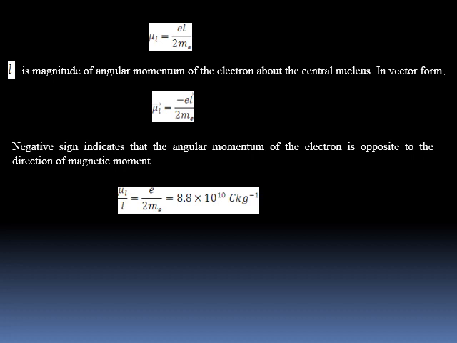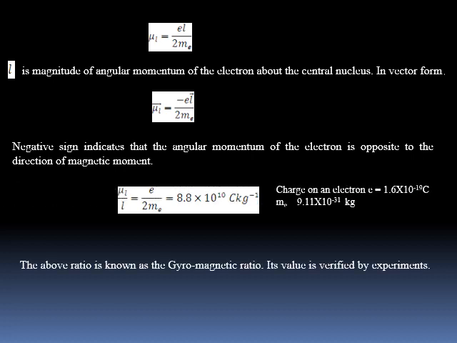If I take the ratio and calculate, I will get 8.8 into 10 power 10 coulomb per kg. This is called the gyromagnetic ratio.